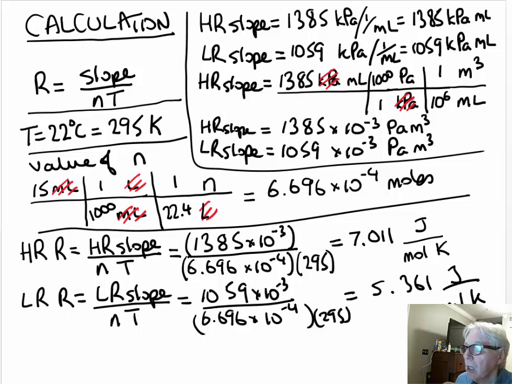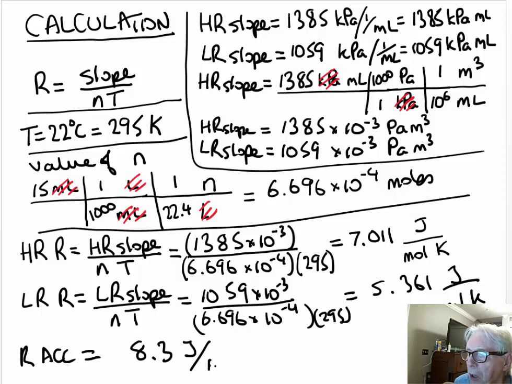Cool. The accepted value, R accepted, is equal to 8.3 joules per mole Kelvin. So I'm a little bit lower than I expected.